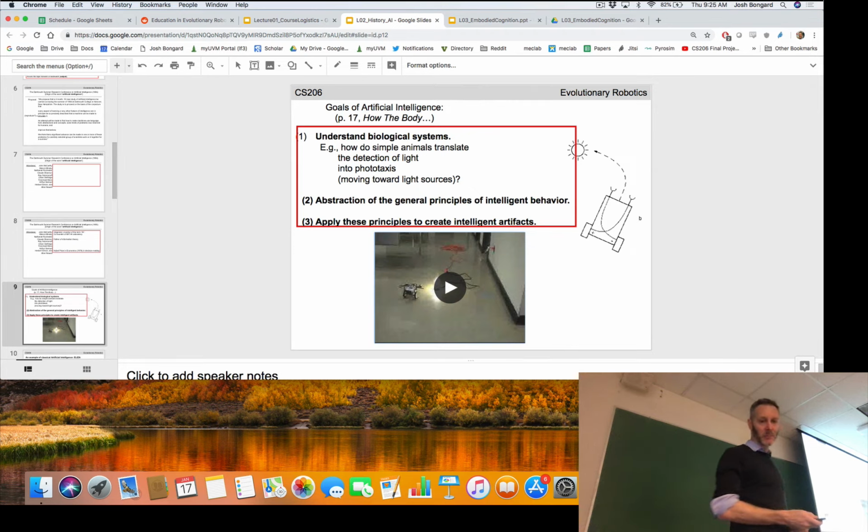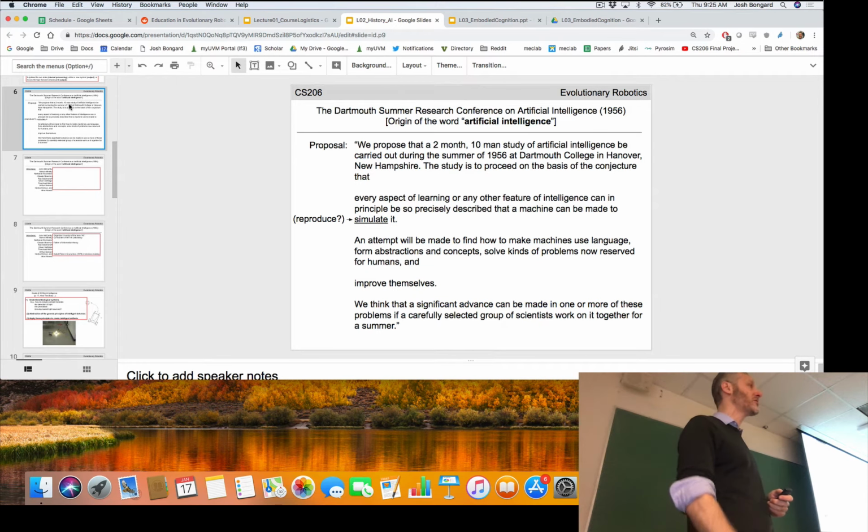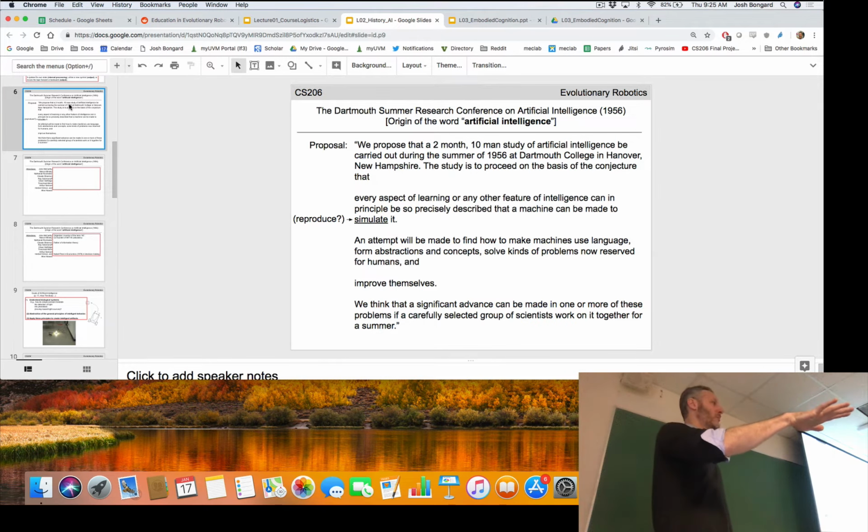It's a very different approach from the AI founding fathers who said, let's go after human cognition first: forming abstract concepts, solving mathematical proofs, understanding and generating language. Those were the original targets of AI. Since then, we've tried to be a little bit more humble.